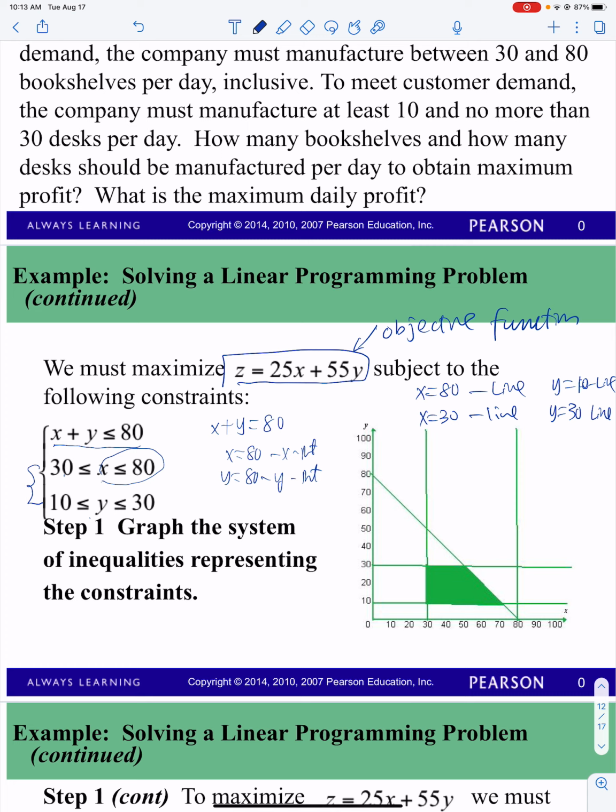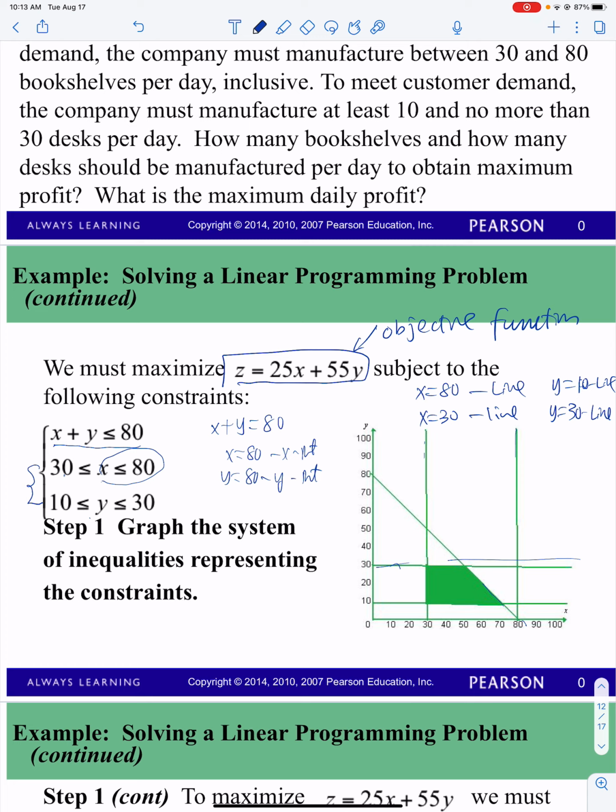So how many lines do you have here? Five lines. The other line is x plus y less than or equal to 80. Because we all have equal signs here, all these lines are solid lines.